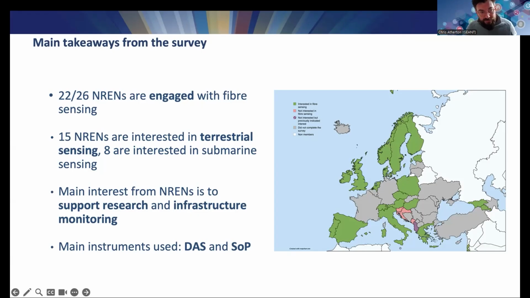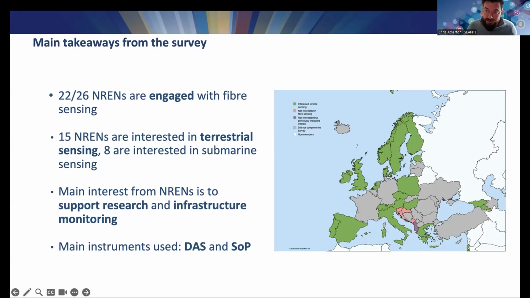Of the 22 NRENs that responded, 15 are interested primarily in terrestrial sensing, whereas 8 were only interested in submarine sensing. Most of the interest that we have from the community is in supporting research, which is not unsurprising, but also in infrastructure monitoring. And that's where we, in the qualitative survey, went into more depth to investigate what that actually means.